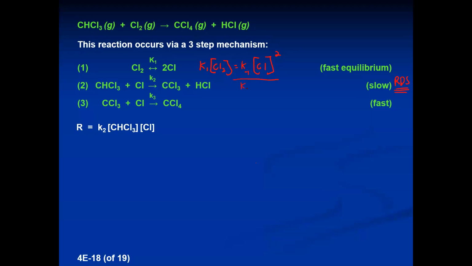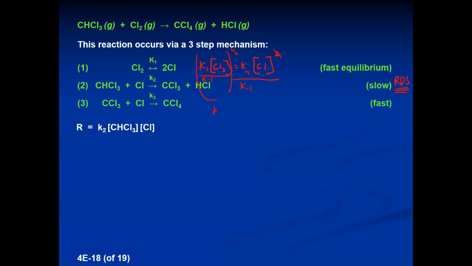So if I put this K on the other side, right? Then I need to get rid of this. I'm going to take everything to the 1/2. If I raise this to the 1/2, it'll get rid of this, so that means I have to raise everything over here to the 1/2.